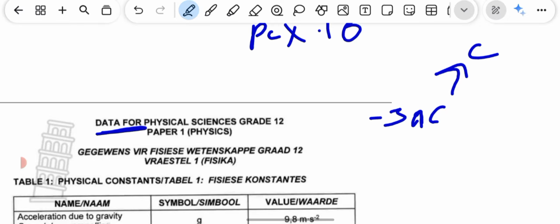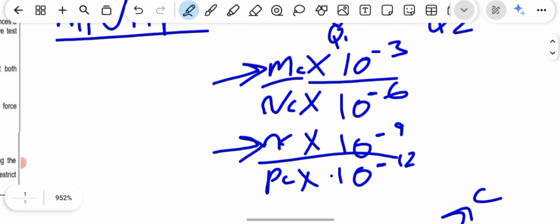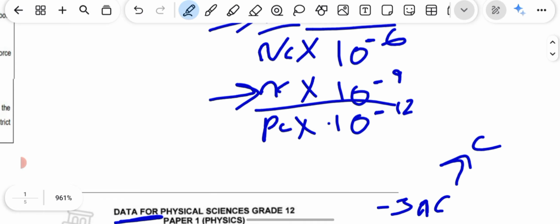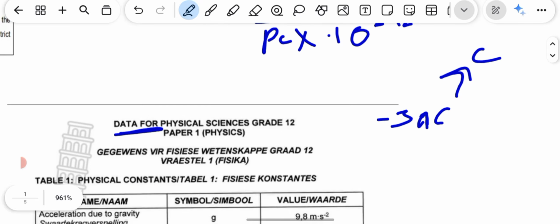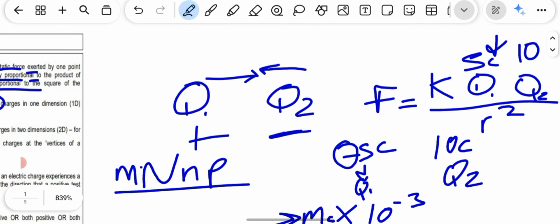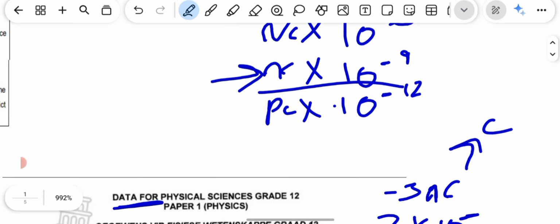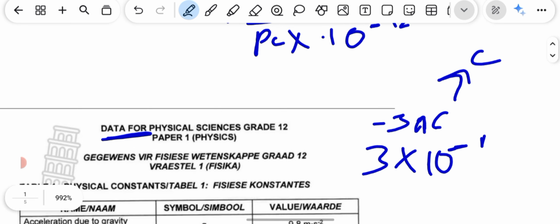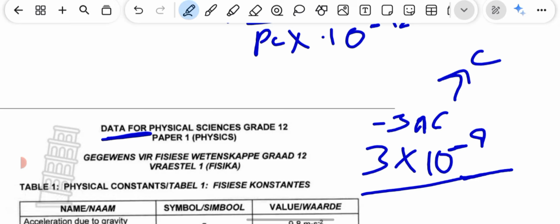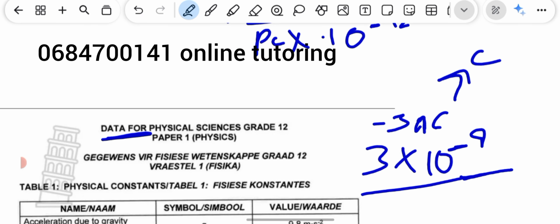And then you are going to say, oh, I know it has to be times 10 to the power of negative 9. All right, and then when you are putting everything in this formula, you don't put the sign, so you are going to put 3 times 10 to the power of negative 9. And then you are going to add other things, but I'm just showing you that's how you are going to write it.